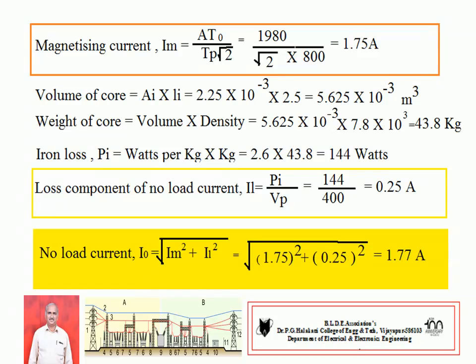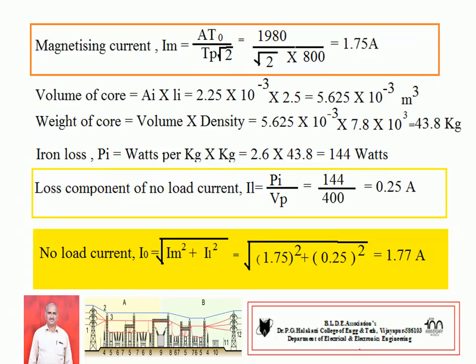Very first we have to calculate volume of core. Volume of core equal to area into length. Area of iron into length of iron, the length of flux path in iron. That should be equal to 2.25 into 10 to the power of minus 3 into 2.5.